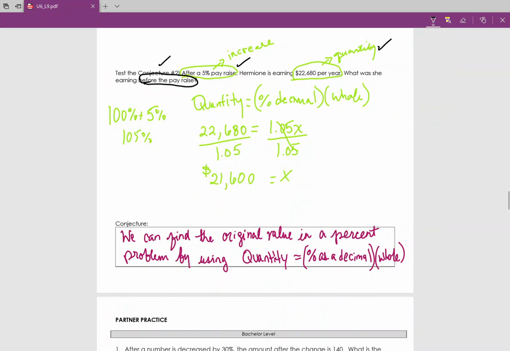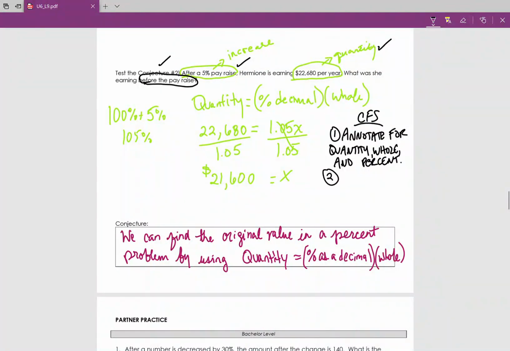That's the whole. Let me write this down. CFS, annotate for quantity, whole, and percent.